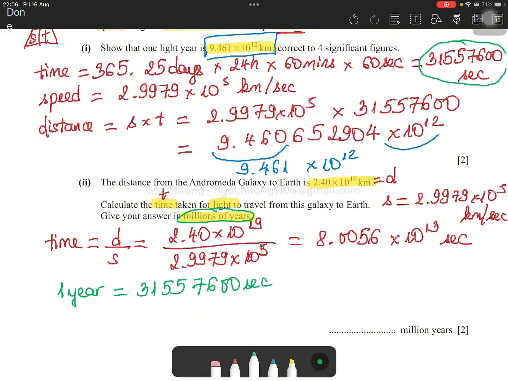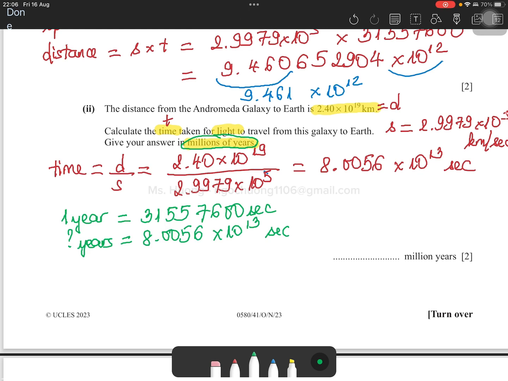So if we have 8.0056 times 10 to the power of 13 seconds, then it is corresponding to how many years? So we need to divide 8.0056 times 10 to the power of 13 by 3,155,600.